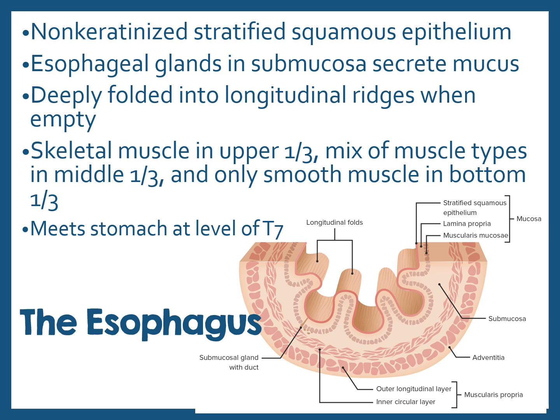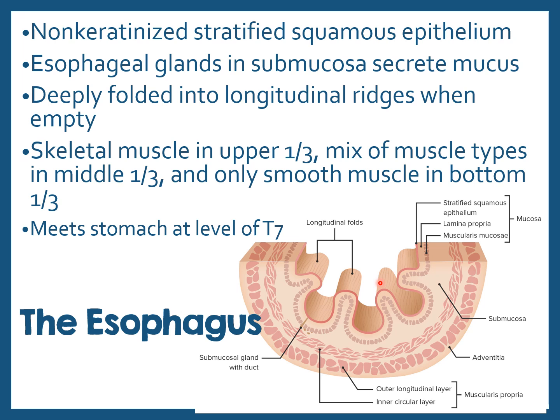The epithelial tissue is also going to have ducts from the submucosa layer that has the esophageal glands that are going to secrete mucus into the lumen of the esophagus. And that will kind of help lubricate the esophagus to help food move through.